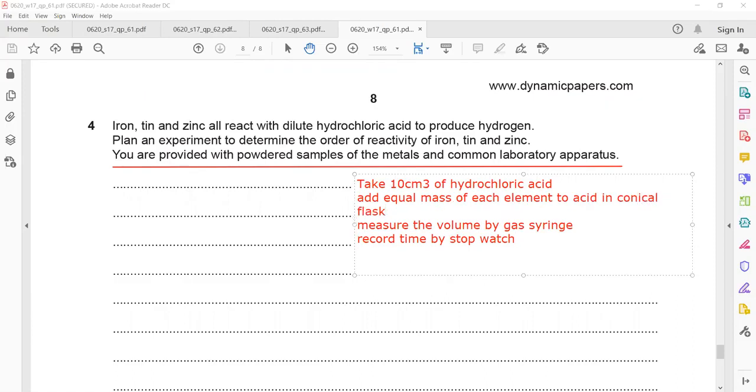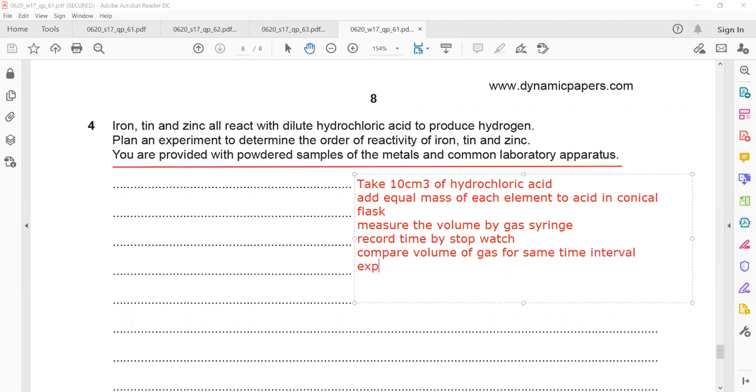Then measure the volume of a gas, record the time using a stopwatch, then compare the volume of gas for the same time interval, like 3 minutes, 2 minutes, and see which gives a greater volume of gas. So compare volume of a gas for the same time interval.